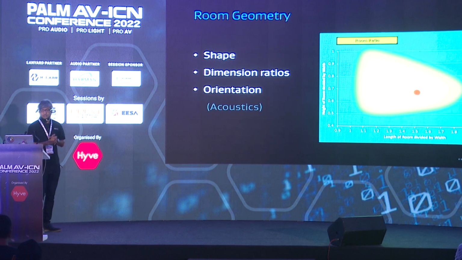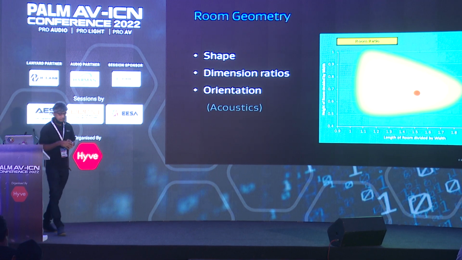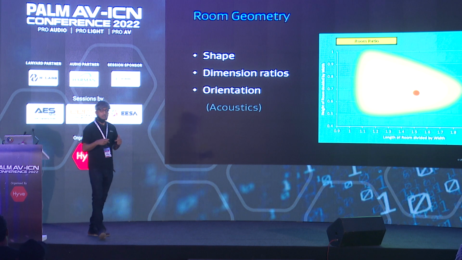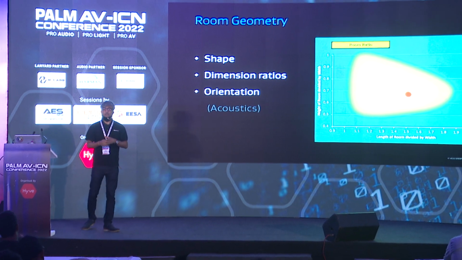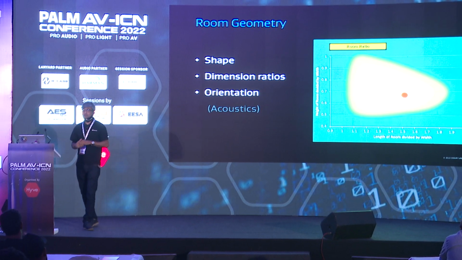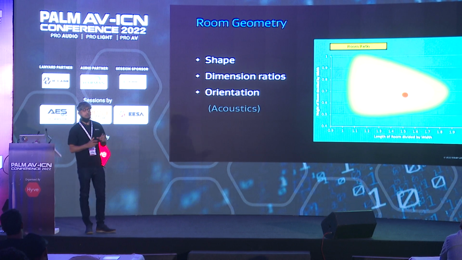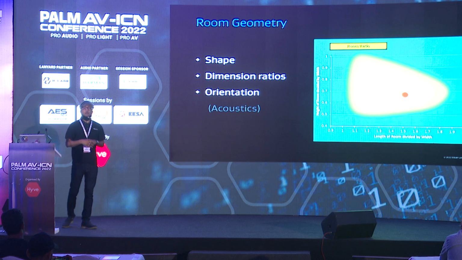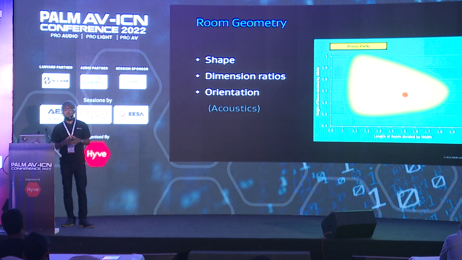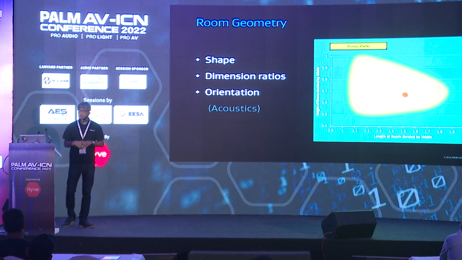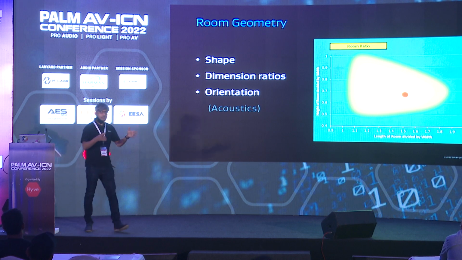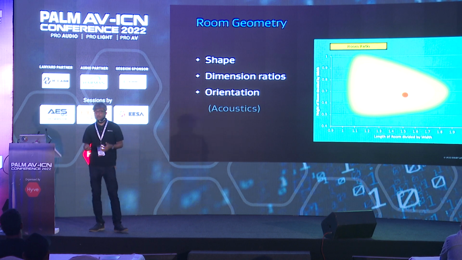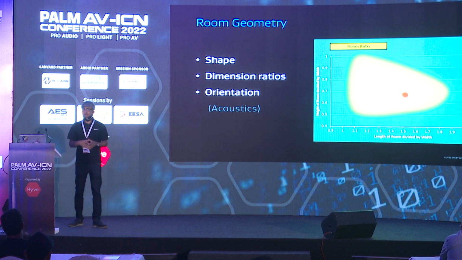So now the room geometry: typically most rooms are rectangular in shape, and can be a little non-rectangular also. The most ideal room is a diamond-shaped room, if you are looking at it in terms of the best acoustics. But in the practical world, you hardly get a diamond-shaped room to mix in. Most rooms will be kind of rectangle.